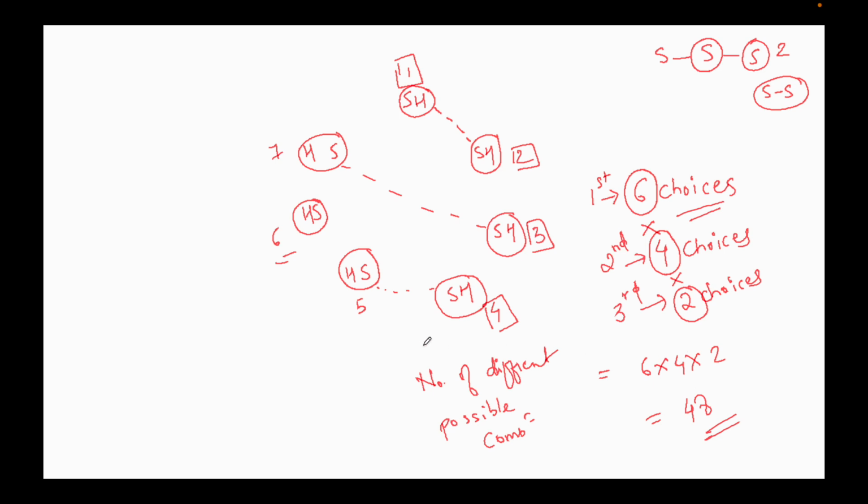Okay, so there are 48 different combinations that these 7 cysteines can form bonds with.